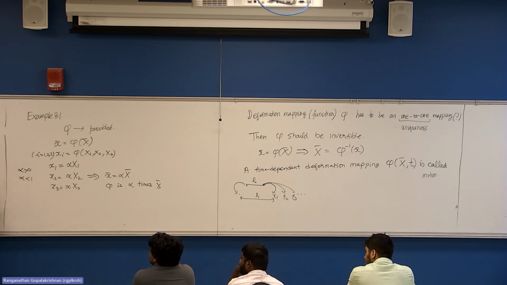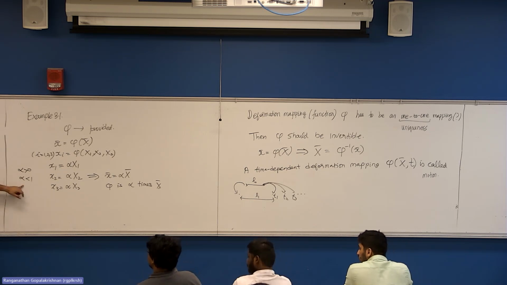So when you talk about loading, where it enters the picture is how you specify this constant alpha. If you're doing an experiment where you take a block of concrete and you're crushing it, that would be alpha less than 1. Or if you are taking a bone and putting it in a UTM, universal testing machine, and stretching it, that would be alpha greater than 1.